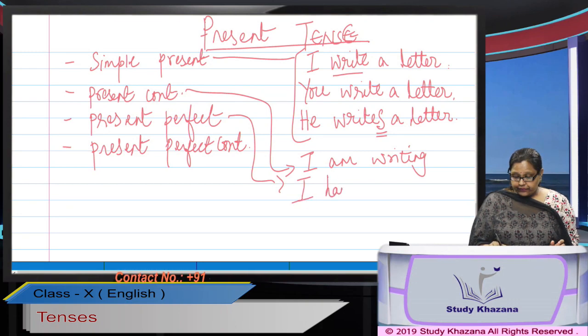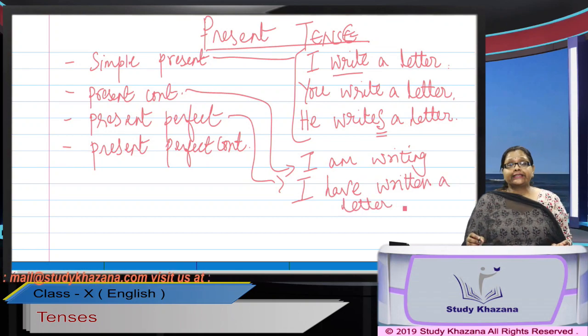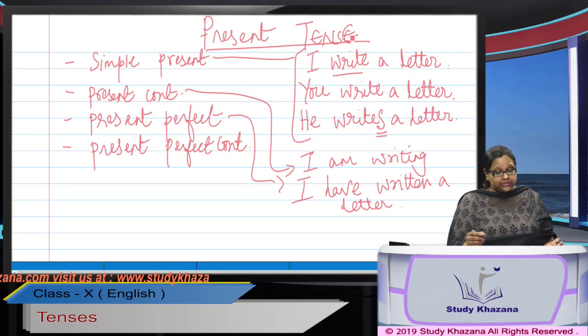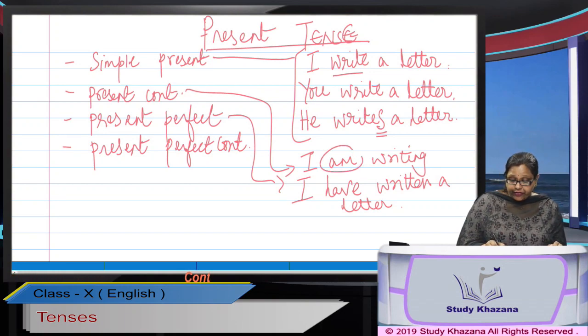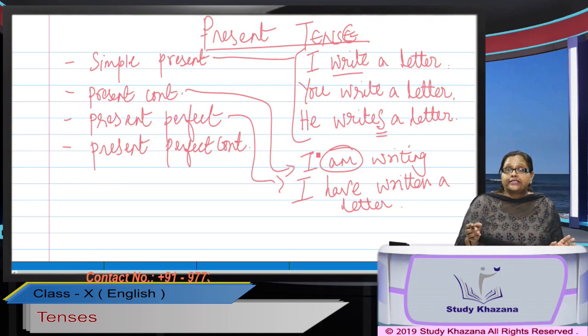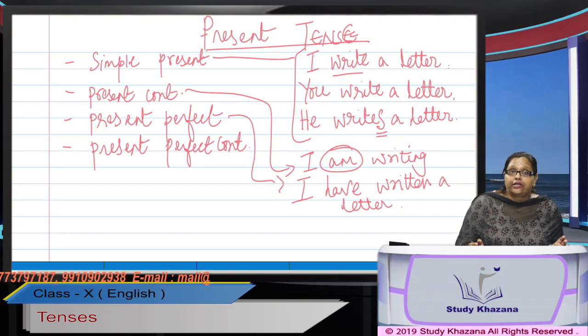I have written a letter. Now except the first, simple present, you can see we have used these auxiliaries. In the present continuous form we have used am. Auxiliaries, I hope you remember, are the helping verbs without which we cannot frame the continuous form.